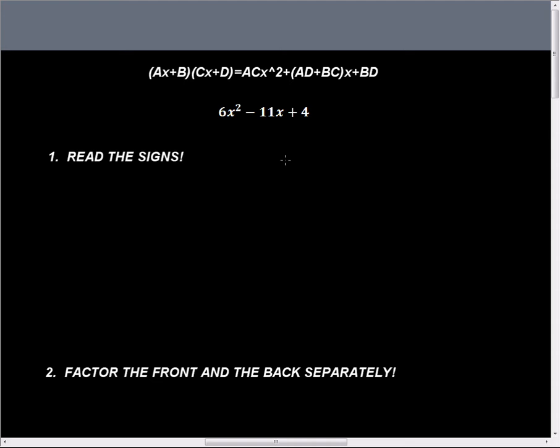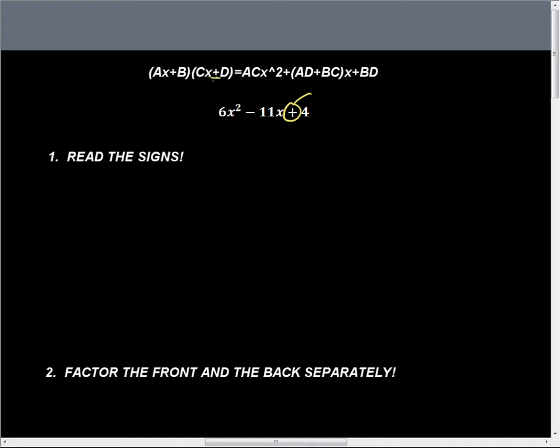First things first, we need to learn to read the signs. If we don't learn to read the signs, we have to ask ourselves different questions, and those questions become a little bit more difficult to answer. So if we just learn about the signs first, I think it'll be very helpful. The only way to get this back sign here is to multiply those two back numbers.